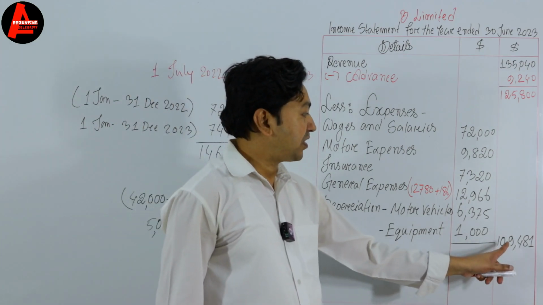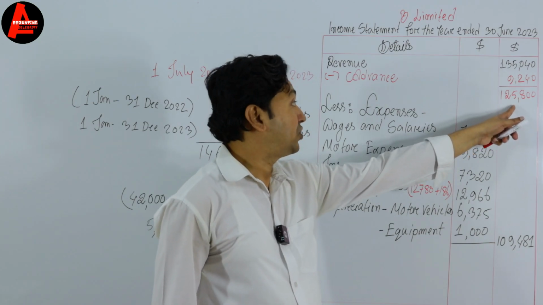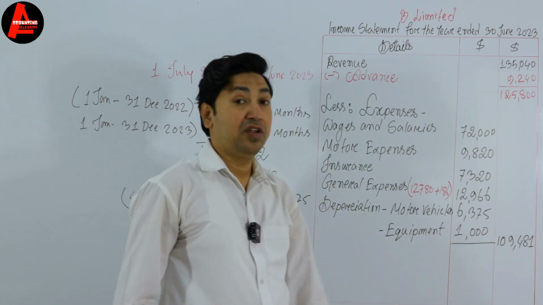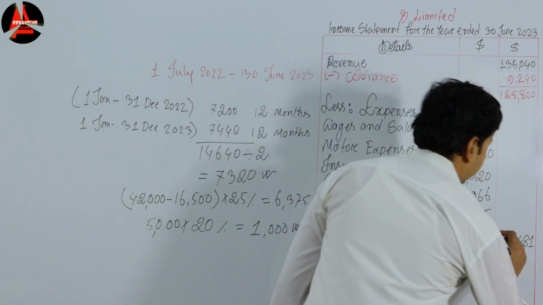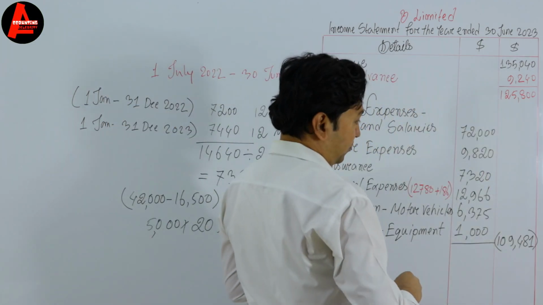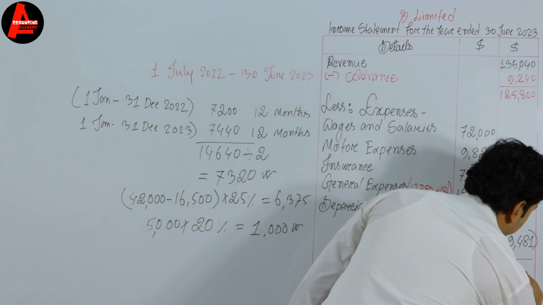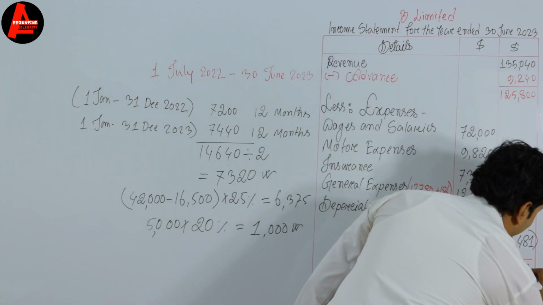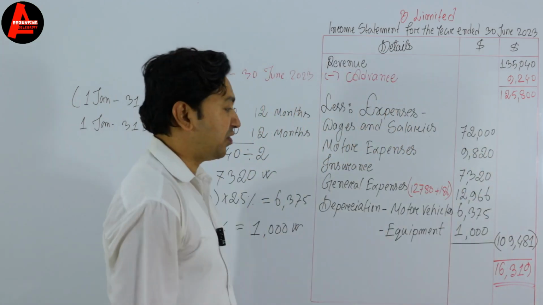Now if we subtract this total expense from this total revenue, then we will get profit. So let us subtract this amount. So what you get if we subtract, we get here $16,319. Okay, this is profit for the year.